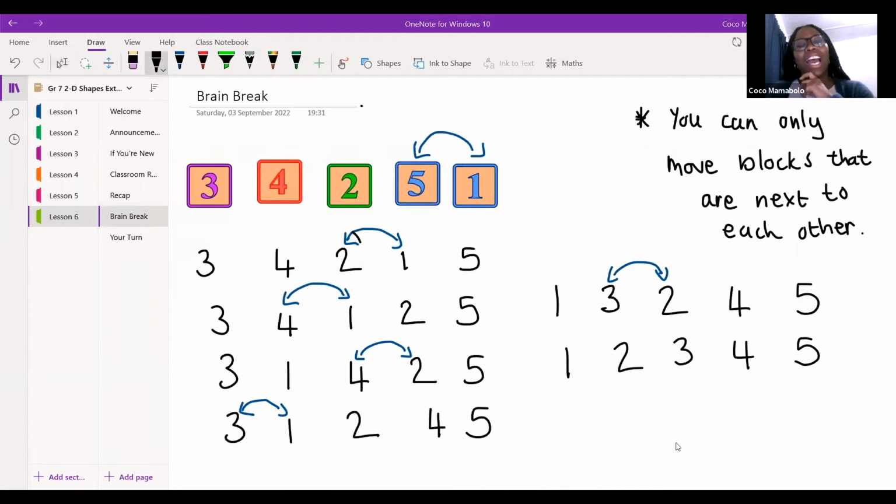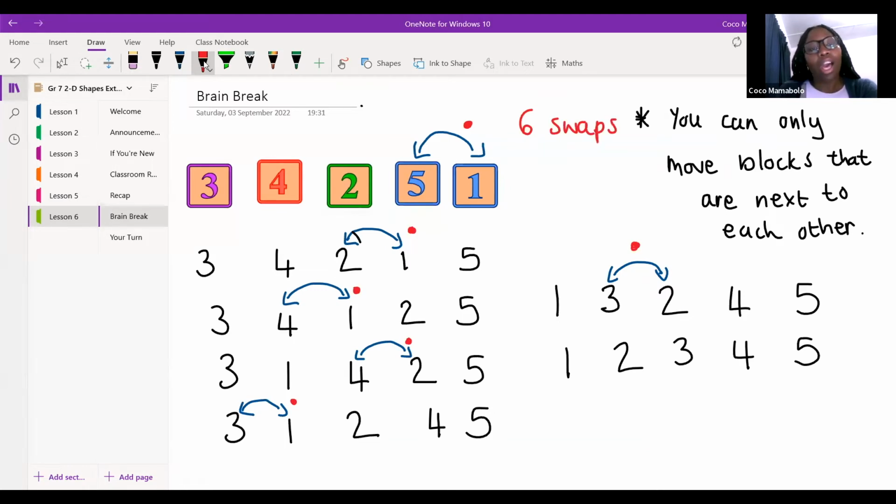But I need you guys to go think about this. If you can, take a screenshot. Because what we did is we had 1, 2, 3, 4, 5. We had 6 swaps.